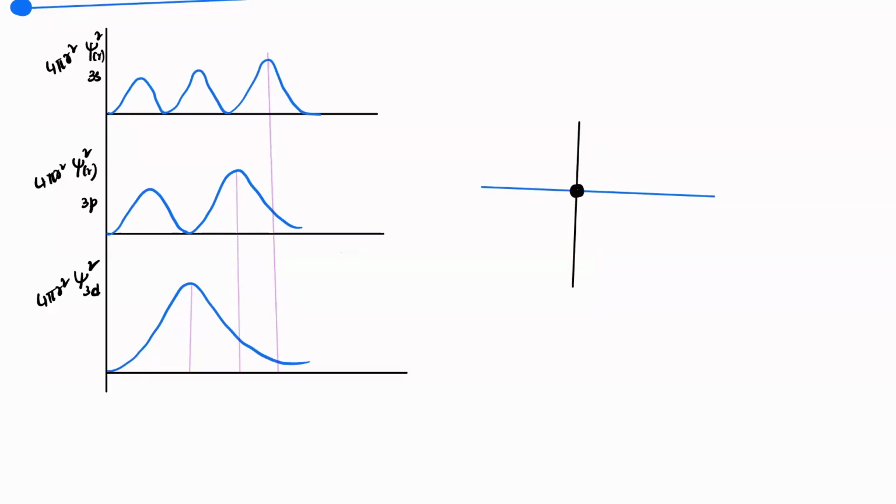Now across the nucleus, let's say we have an orbital like this. This is how the orbital is. And then this is how the rest of the orbital looks.